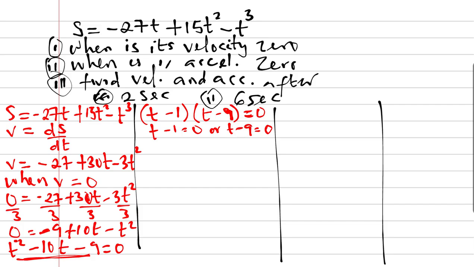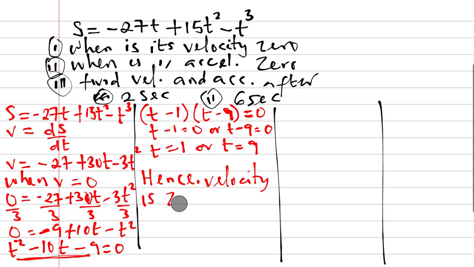That means our t is equal to 1, or our t is equal to 9. So you conclude, hence velocity is 0 after 1 second.